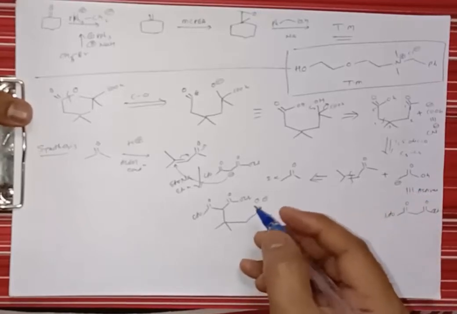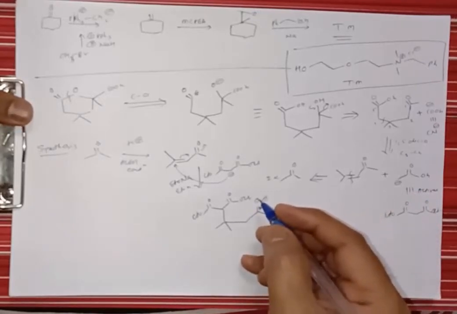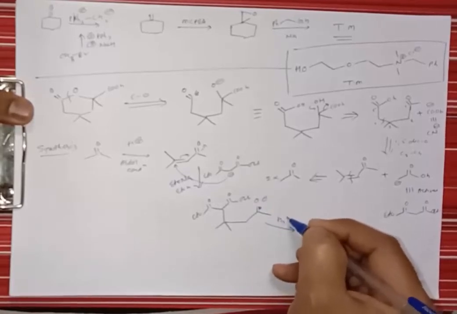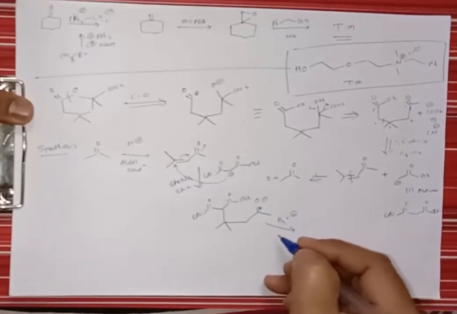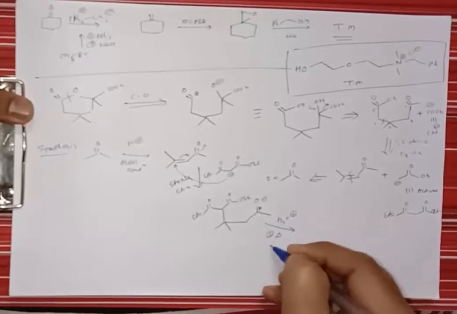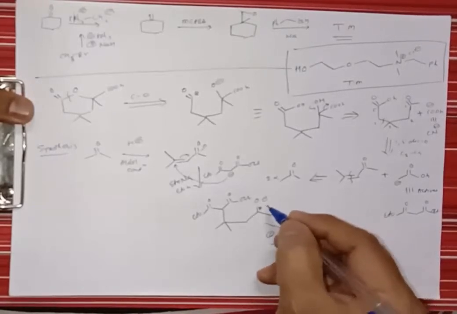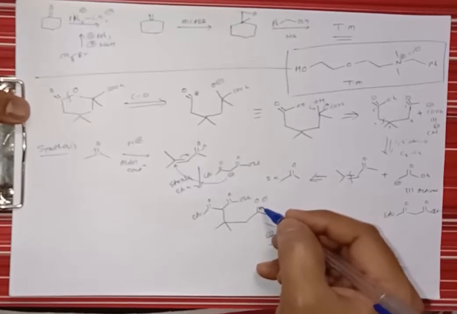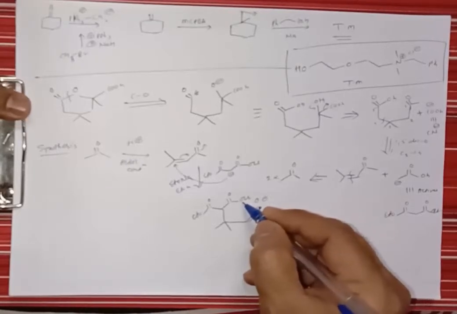So it gives such type of molecule. And in the next step, if you use H3O plus, right, and then in the second step you heat, decarboxylation, so there will be protonation here, right? So it gives formation of hydrolysis.